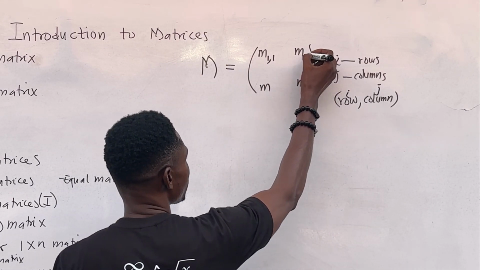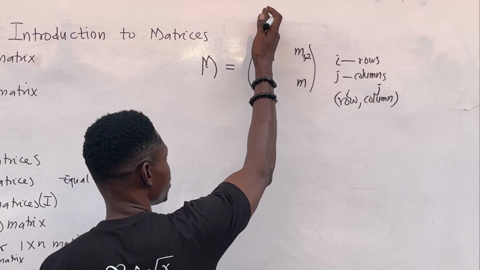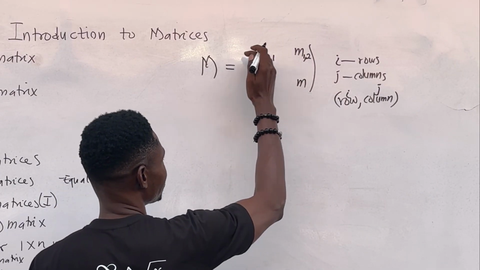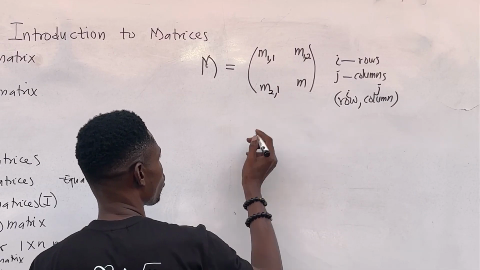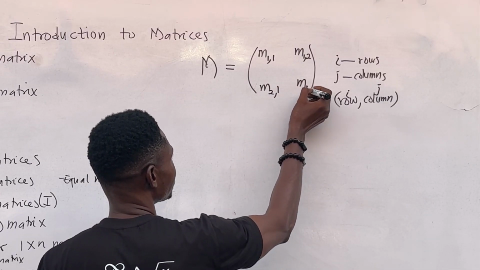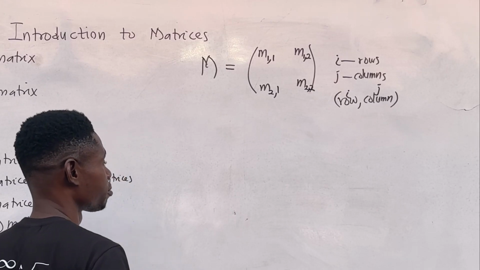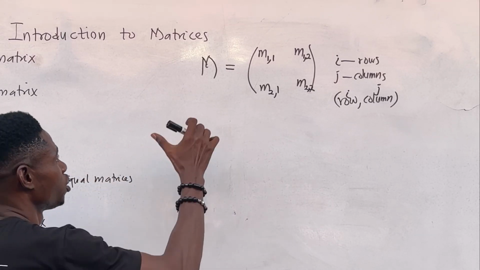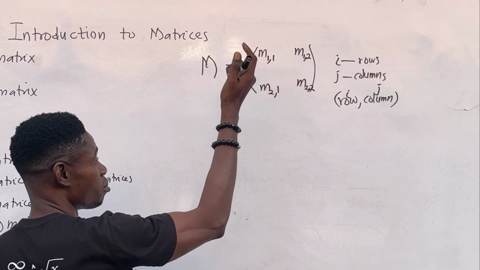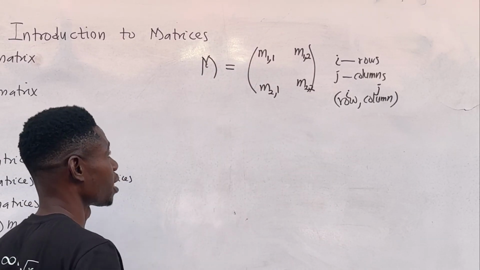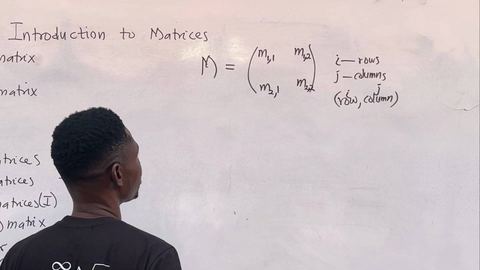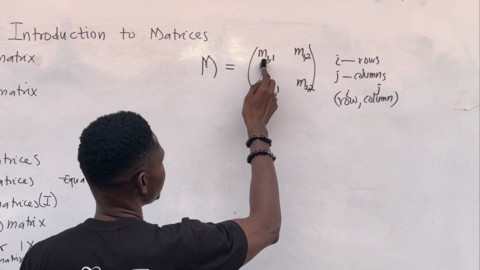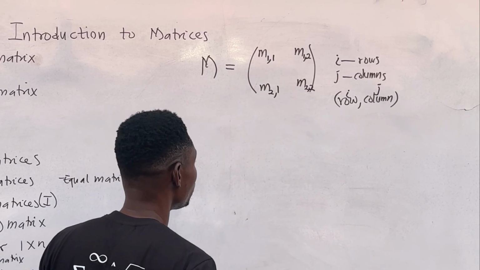This other m is in first row, second column. This m is in second row, first column. And this other m is in second row, second column. So we represent the matrix with uppercase letters and the elements with lowercase. The first is row, second is column.